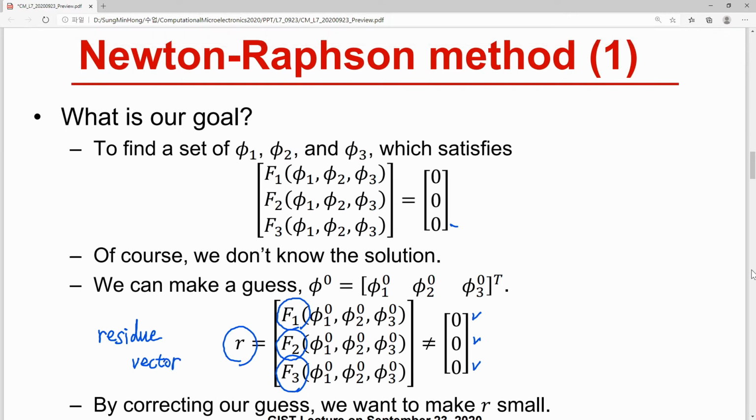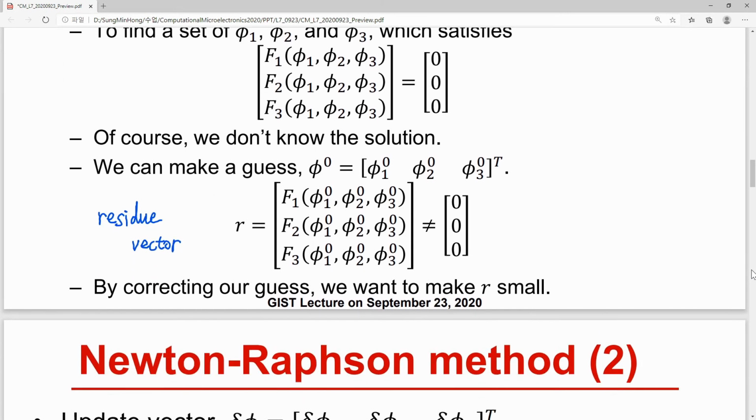Initially, your initial guess cannot make the residue vector a null vector. If this is really a null vector from the beginning, then you get the solution. Everything is done. So, hooray. But let's assume that your initial residue vector is not 0. So your goal is now to make it a null vector.